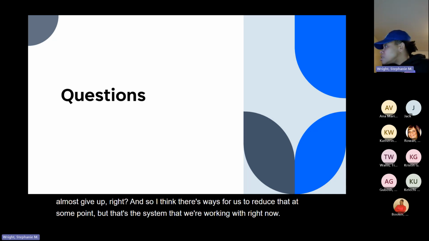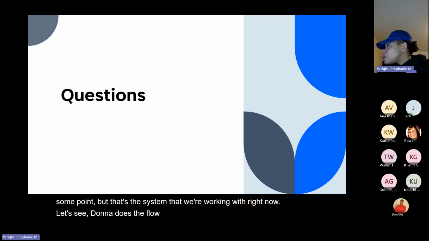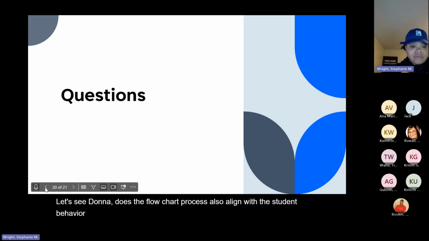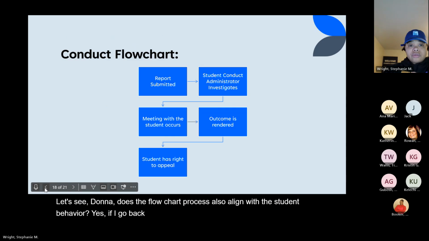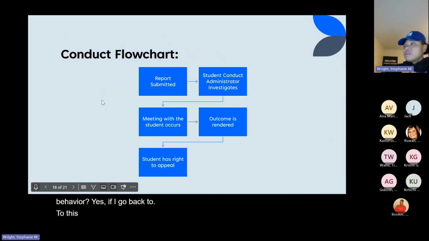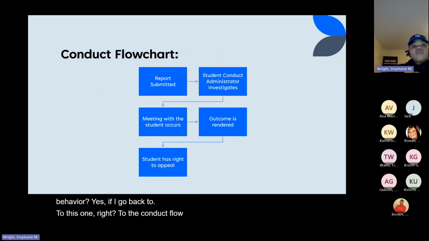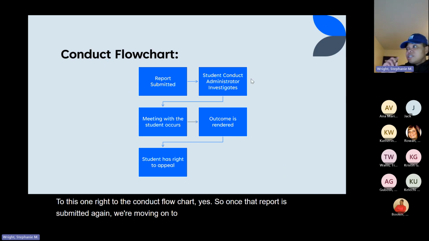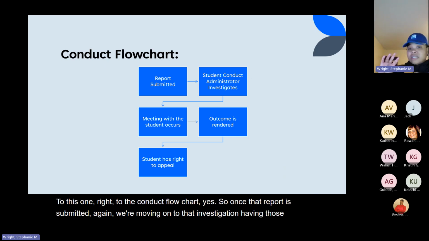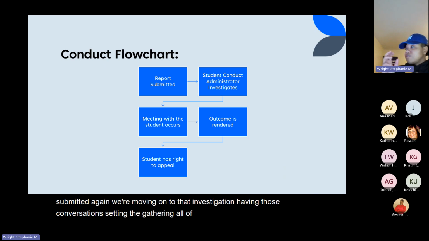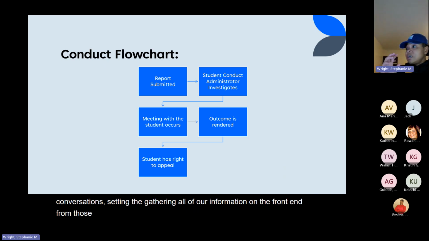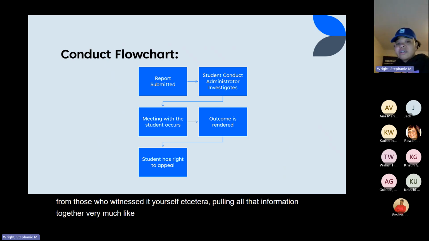Let's see, Donna asks, does the flow chart process also align with student behavior? Yes, if I go back to this one, the conduct flow chart. Once that report is submitted, we're moving on to that investigation, having those conversations, gathering all of our information on the front end from those who witnessed it, yourself, etc., pulling all of that information together, very much like that academic integrity piece, right?